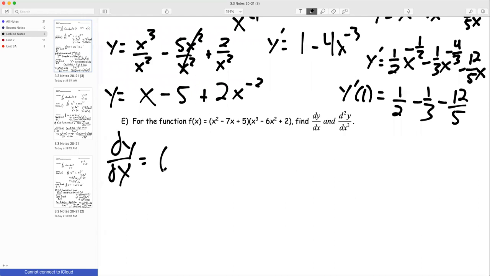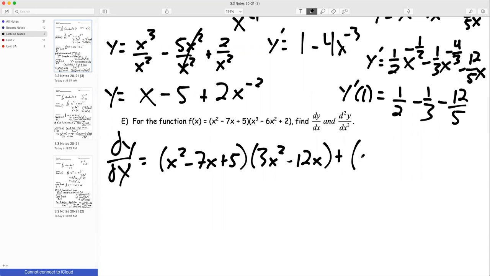Okay, so I got x squared minus 7x plus 5, that's my first term, times the derivative of the second, which is 3x squared minus 12x, plus x cubed minus 6x squared plus 2.